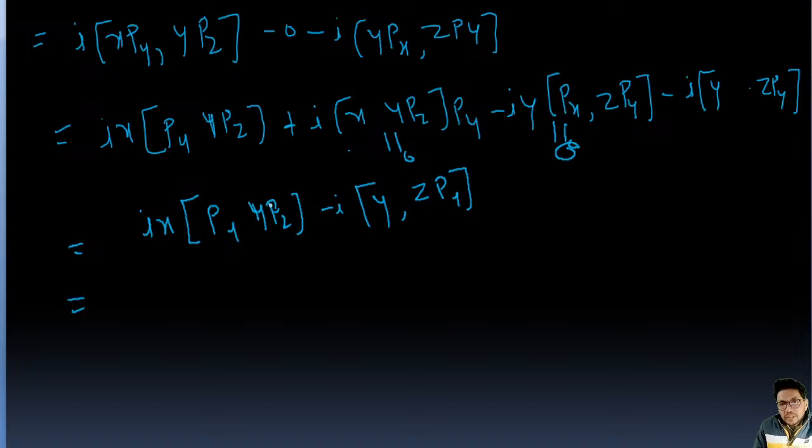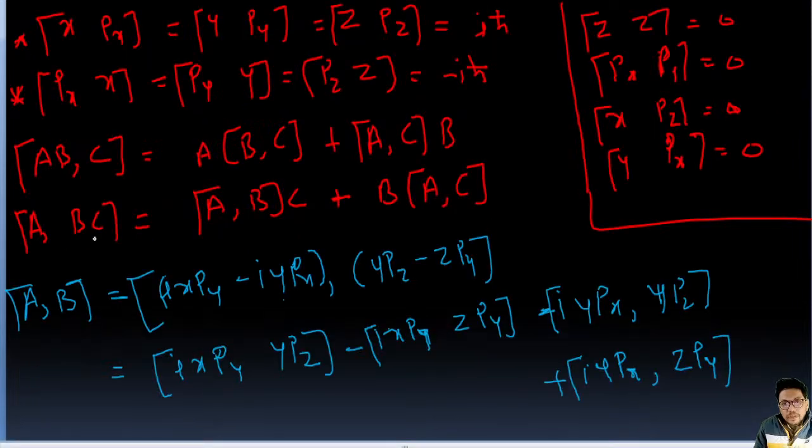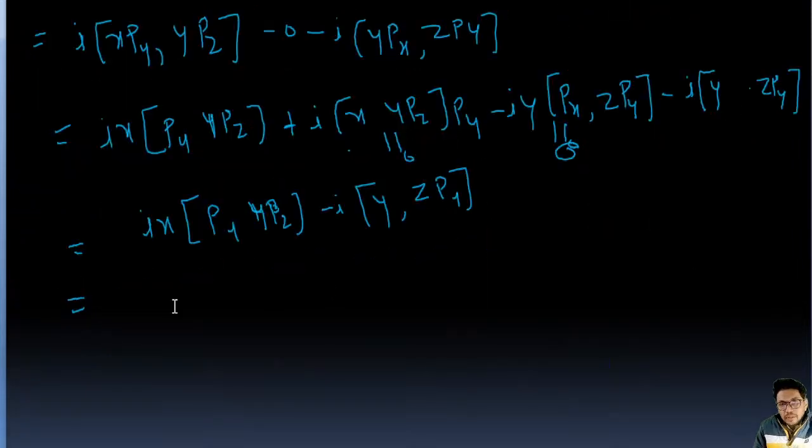Next again we'll open this YPZ, right, using this formula, this one. Okay, so this is going to be AB equal to iota x minus i h cut.